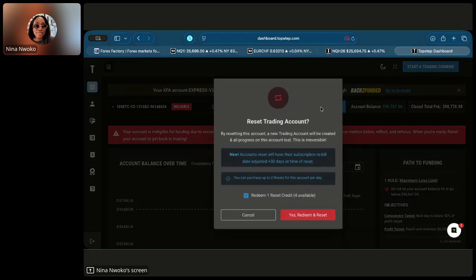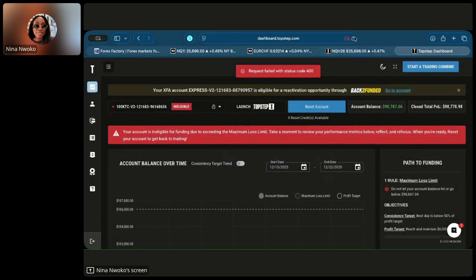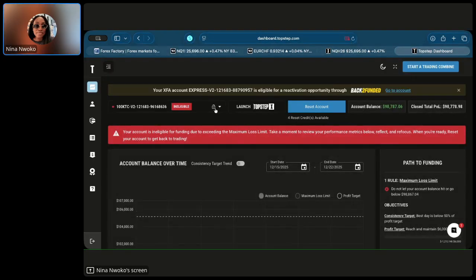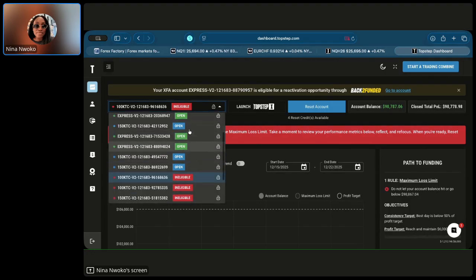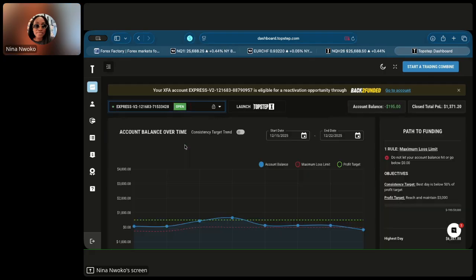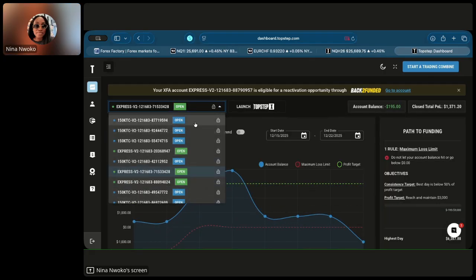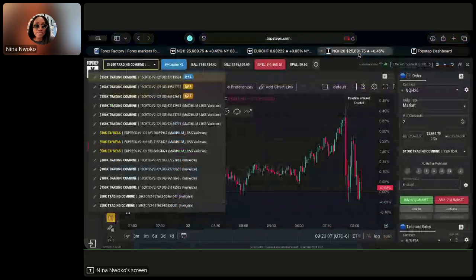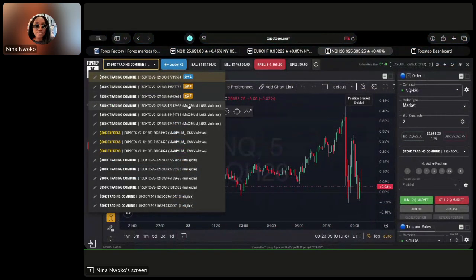The dashboard hasn't reset yet, because if it did, it would know that I've already lost these three accounts and it would let me reset them basically. So 52, 15, and 72.